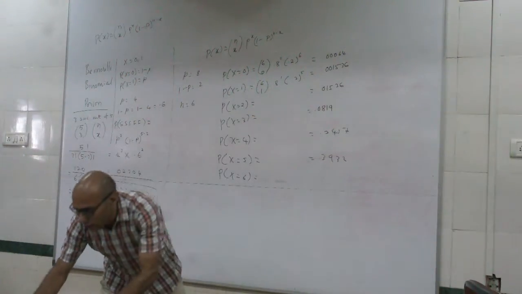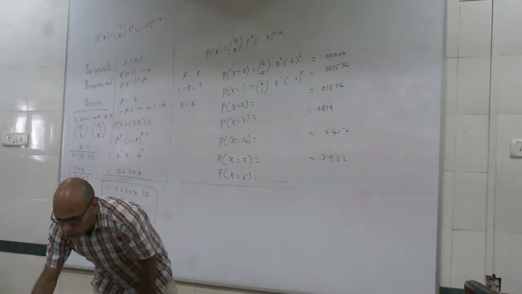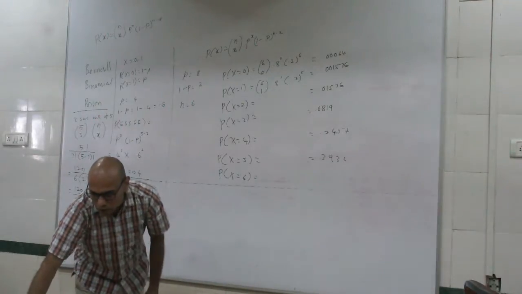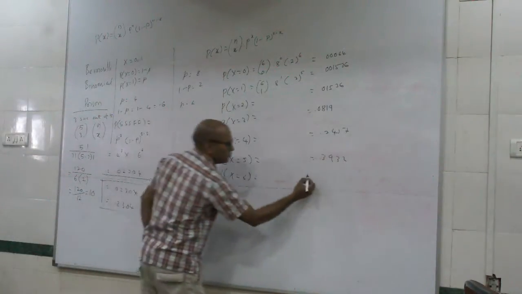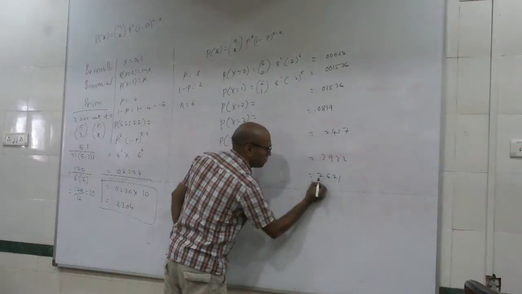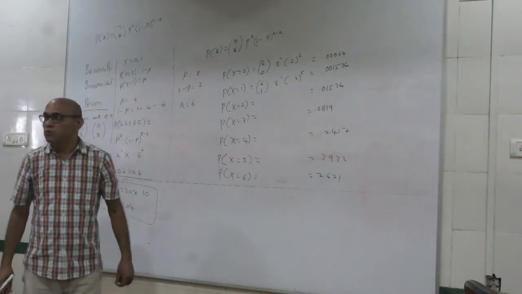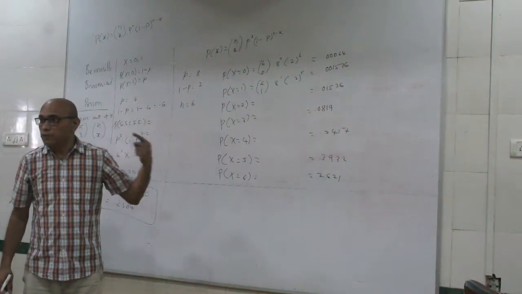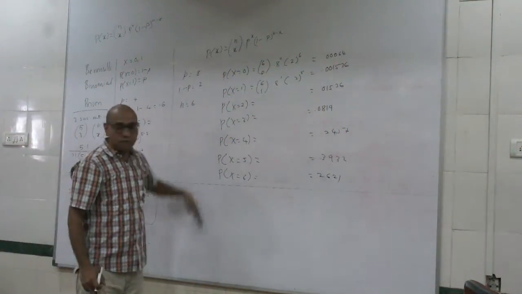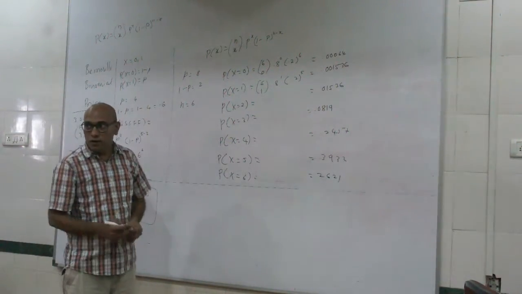And X is equal to 6 is 0.2621. You can add it. This adds up to 1. The entire sample space is covered.